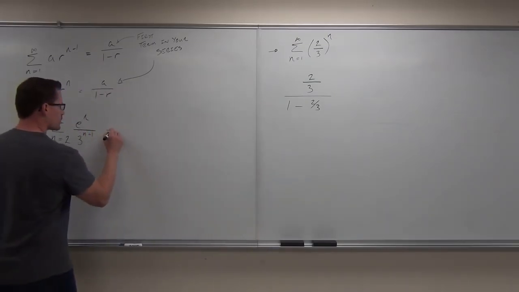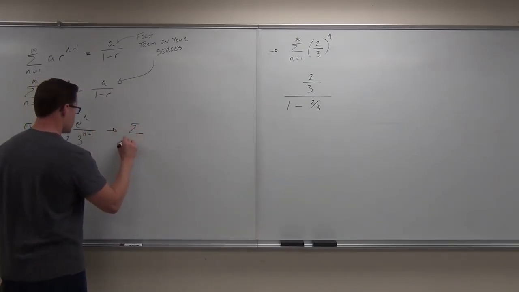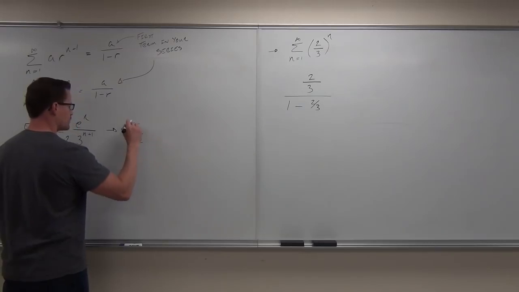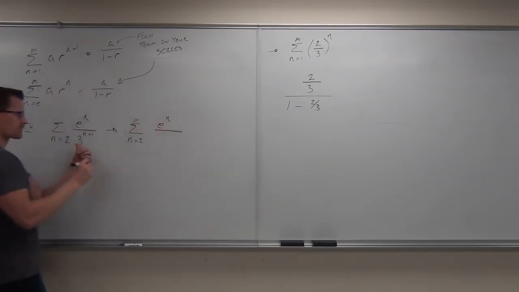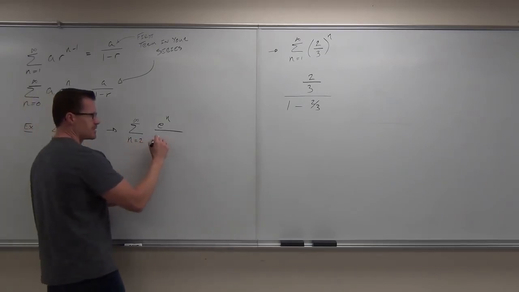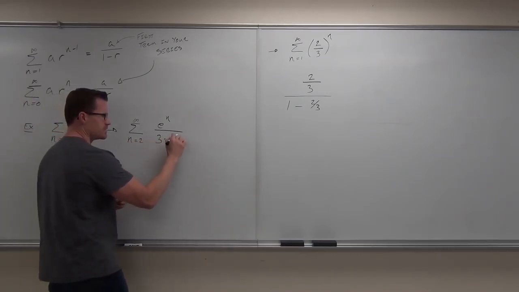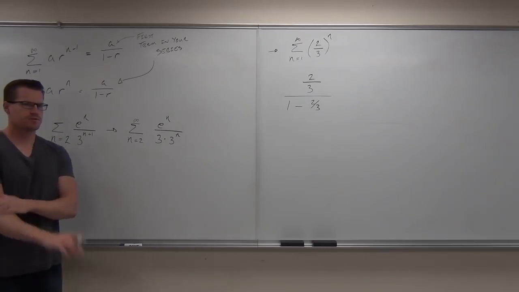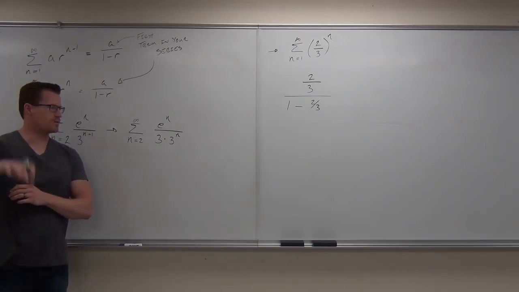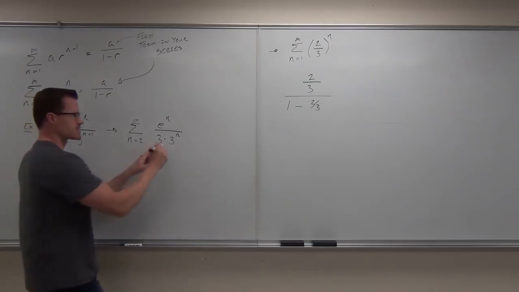Now, we can work with this. That's not too bad. If I have the sum from n equals 2 to infinity of e to the n over 3 to the n plus 1, that's the same thing as 3 times 3 to the n. Show of hands if that makes sense to you. Now, I'm going to break this up a little bit.